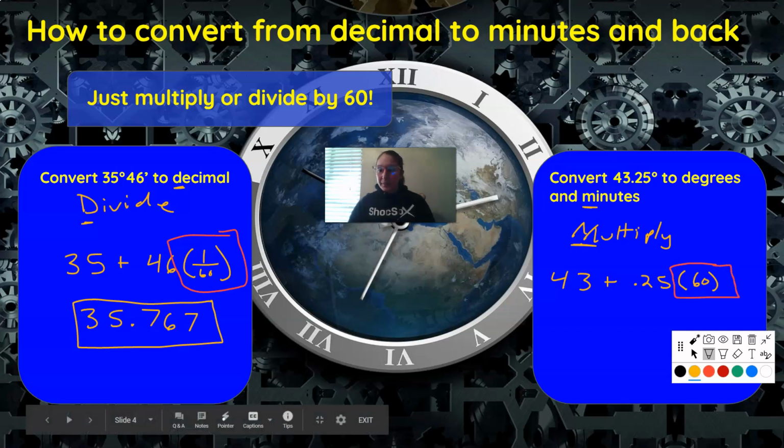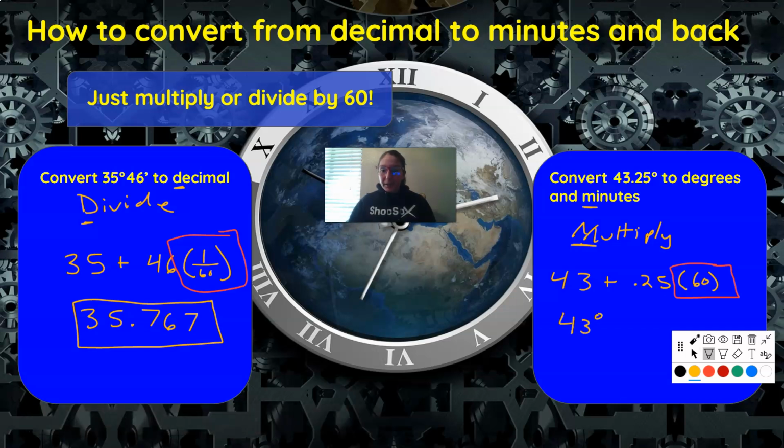This is the step. And then when I do that, I'll get 43 degrees. 0.25 times 60, that'll give me 15. And now I've converted to 43 degrees, 15 minutes. So 43.25 degrees is equivalent to 43 degrees, 15 minutes. Converting to minutes, multiply. Converting to decimal, divide. D's and D's, M's and M's.